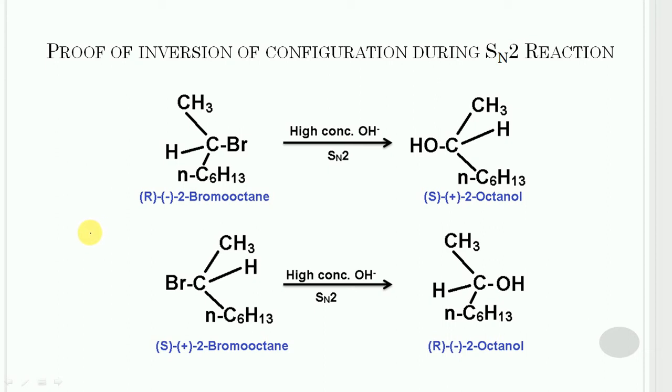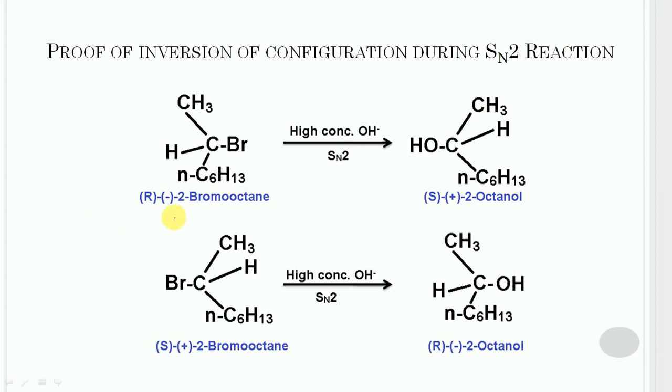Let us consider alkaline hydrolysis of 2-bromo-octane, which gives 2-octanol. Both 2-bromo-octane and 2-octanol are chiral molecules, and hence each one of them exists as a pair of enantiomers.